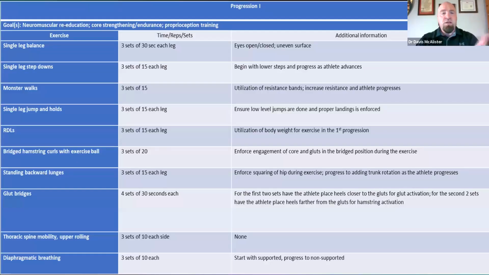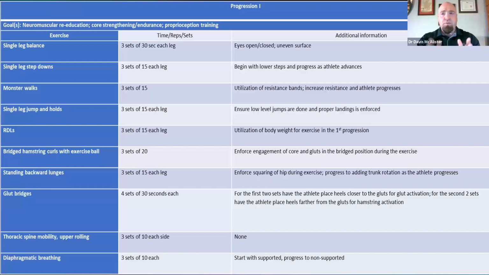So this is just an example of one that I put together for a group. So we started off, this was our tier 1. So this was where we started. So our focus with this is that we need to do quite a bit of neuromuscular re-education. People that have had injuries, they're going to have abnormal weight shifts, and then they will stay in that permanent shift until somebody goes back and retrains them to get back balanced again from one side to the other.